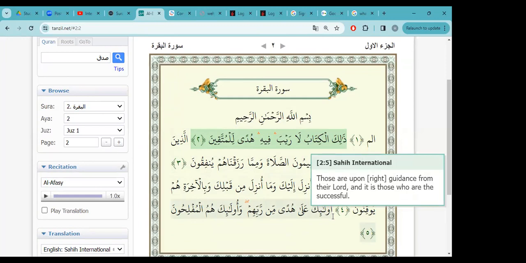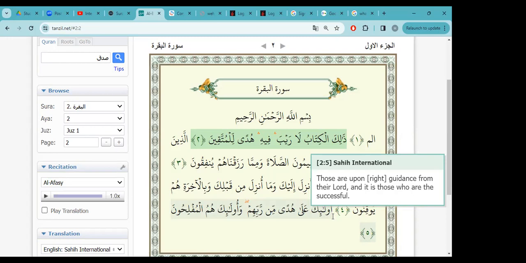ذلك الكتاب لا ريب فيه هدى. ذلك is a noun because it's got li, harf jar. الكتاب is a noun because it's got the al. لا ريب, la is a verb because it has the la at the front. فيه is a jar particle.